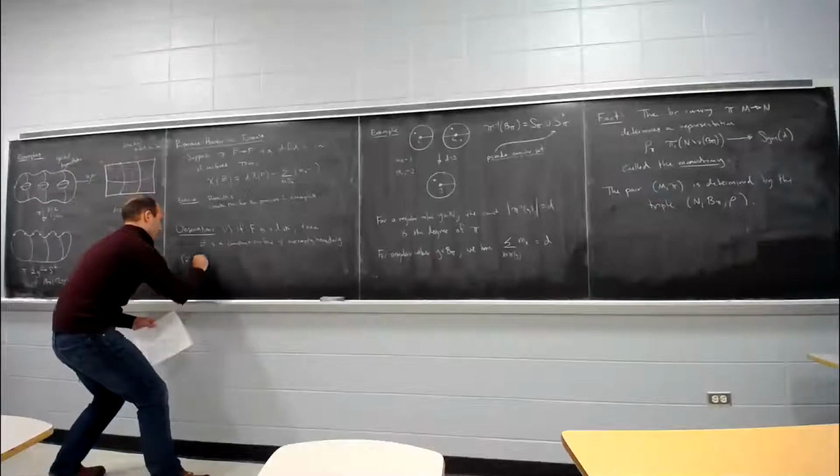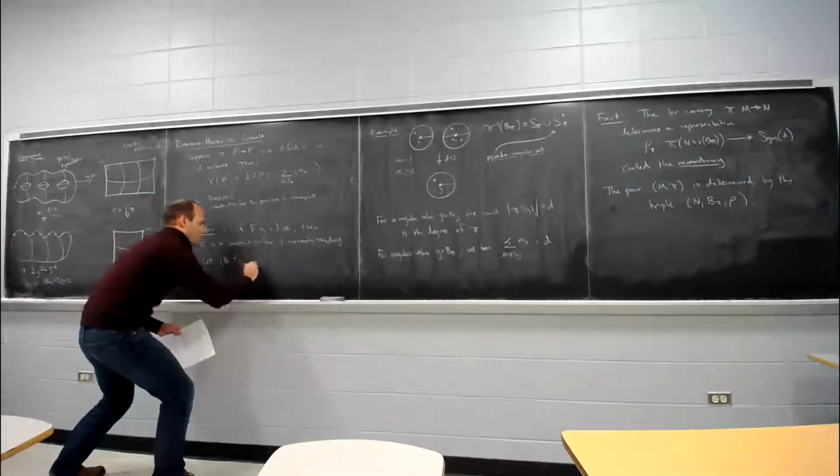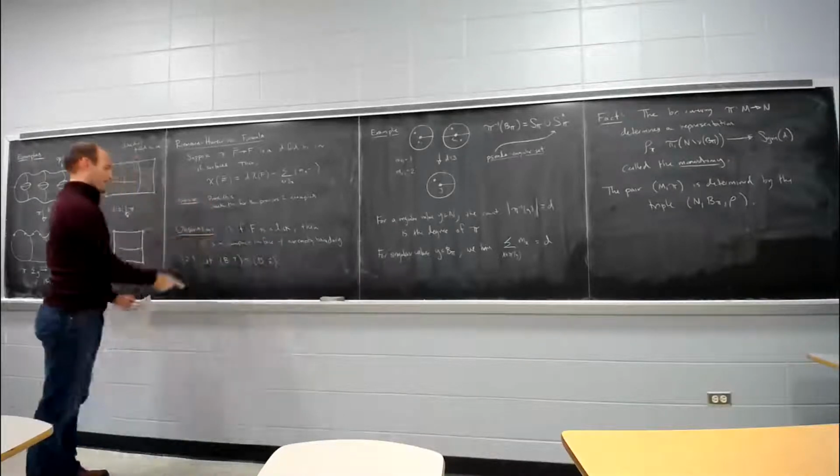So we can let B-tilde be our, so we have a disk with some marked points, right?